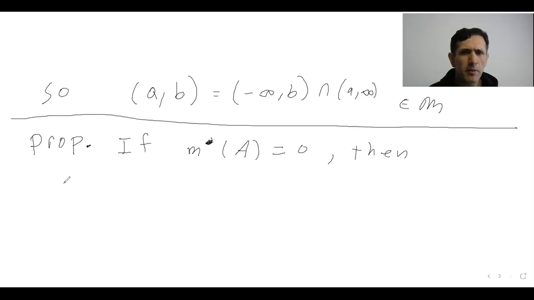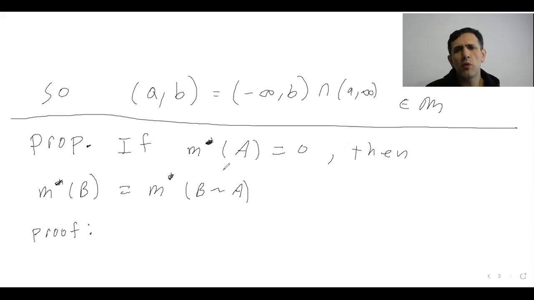Then I claim that for any set B whatsoever, I can excise, I can remove A from B, and the outer measure is unchanged. Which makes sense.